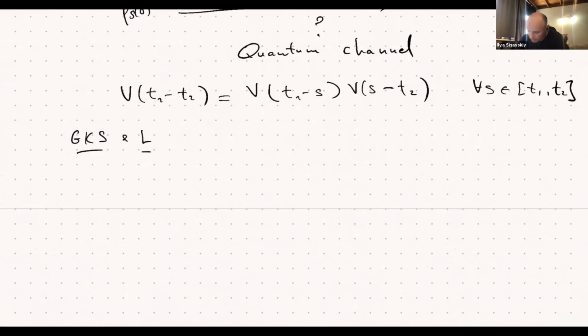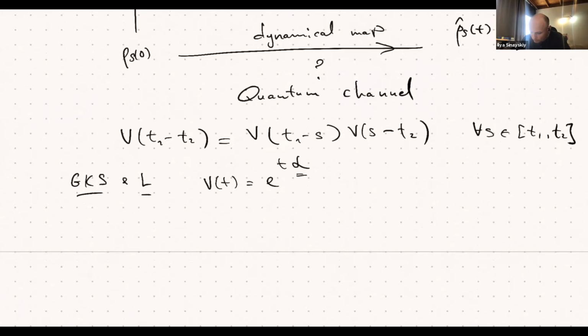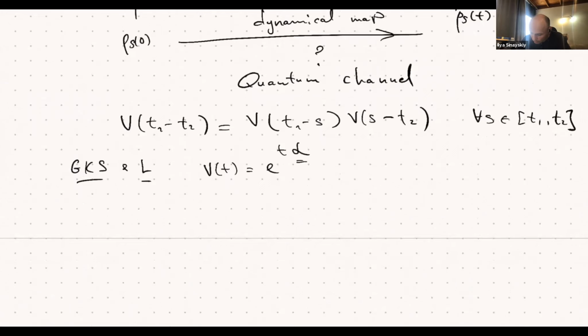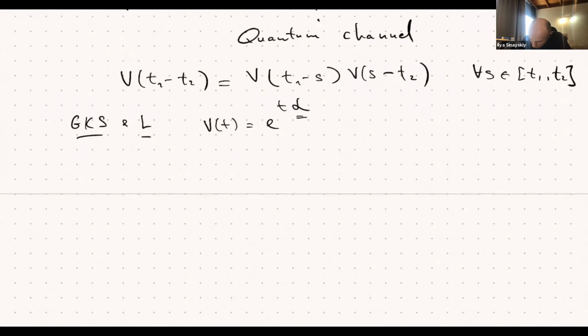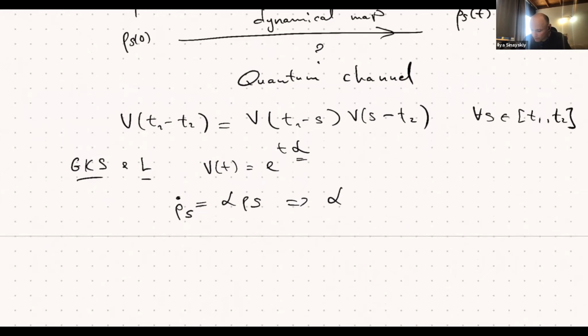And they have shown that these V of t, in the general case, look like this: an exponential of some generator. From this you can conclude immediately that the equation which the density matrix for the system satisfies looks like this. We can just differentiate it.